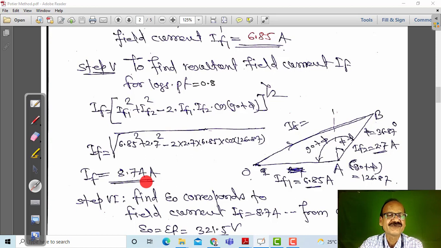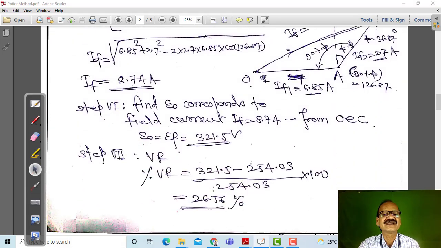Now corresponding to this resultant field current, follow the same procedure that we have used in the MMF method. So corresponding to IF equal to 8.75 ampere, how much is the corresponding no load EMF generated? That is EPH, and it has been observed that it is 321.5 volt.